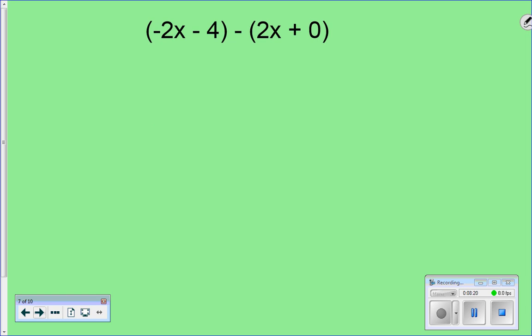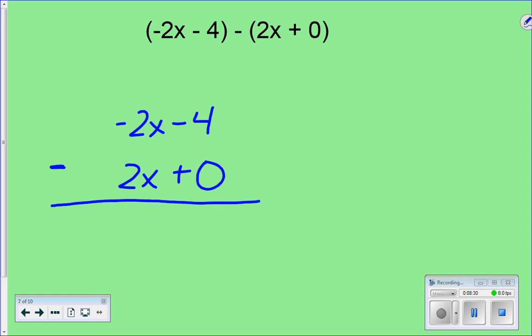Ooh, this is a tricky one. Let's do this one. Negative 2x minus 4 minus 2x plus 0. So this time there's a negative sign with that first one.